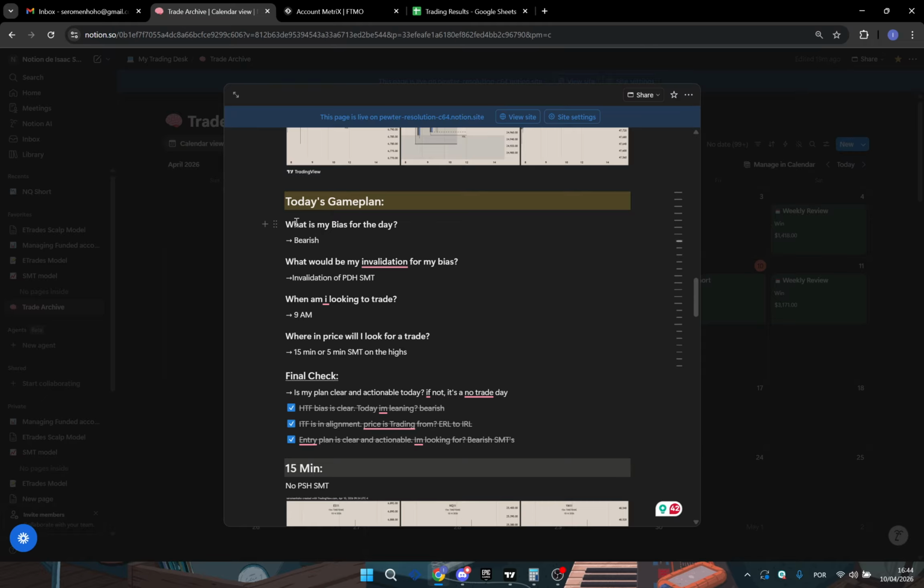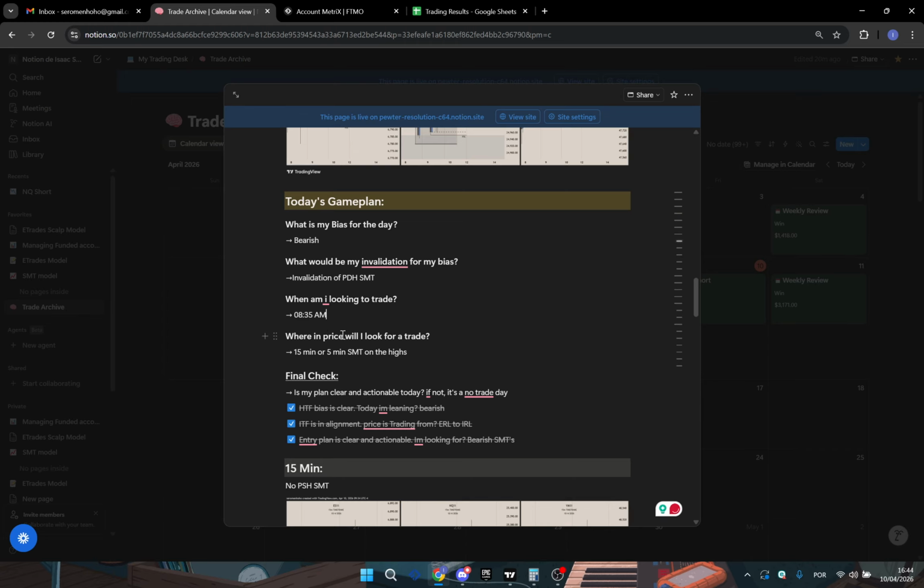So on today's game plan, the bias is bearish. Invalidation of my bias would be if we invalidated previous day high SMT, and looking to trade at 9 a.m. Actually, this is supposed to say 8:35, just because we have to let the news pass.